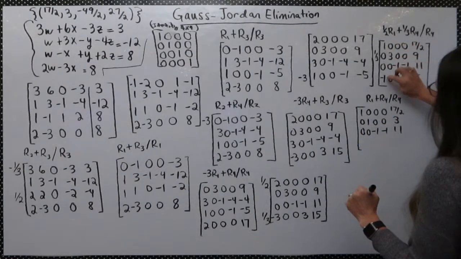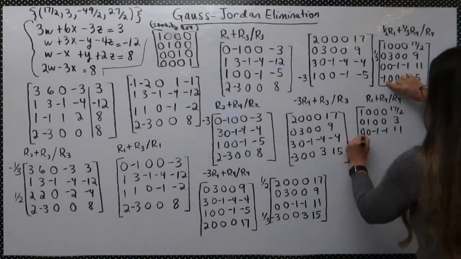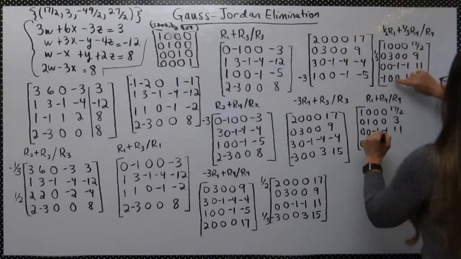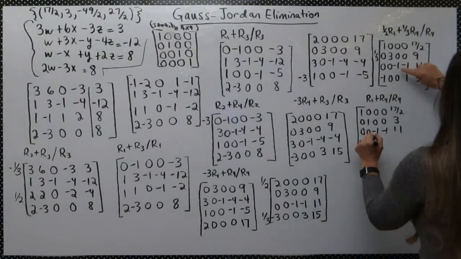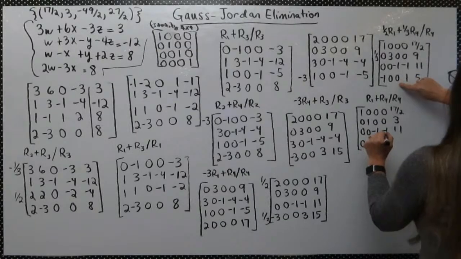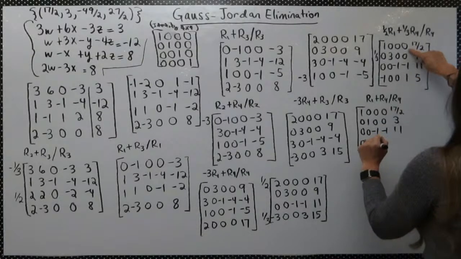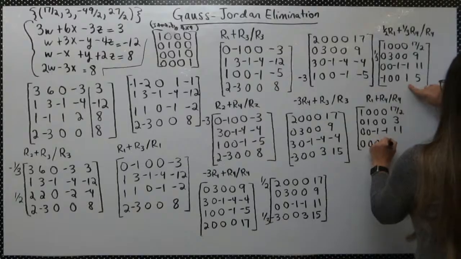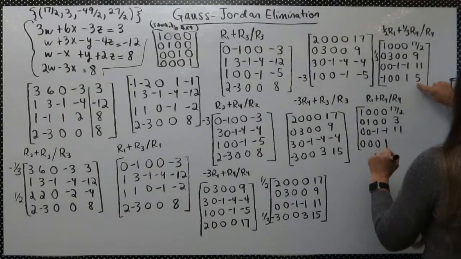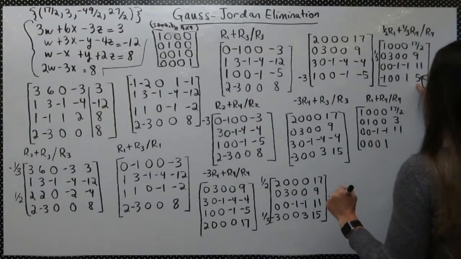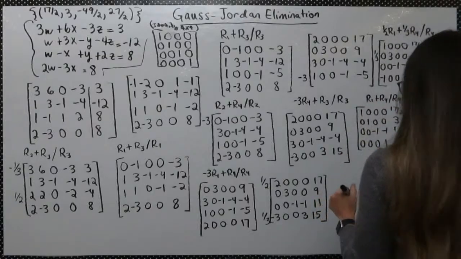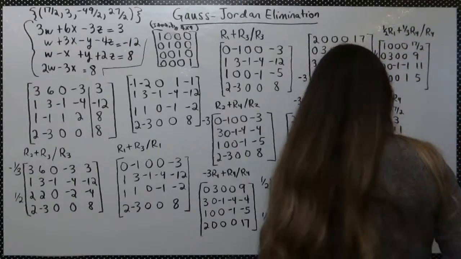And then adding rows 1 and 4, it's going to give me 0, 0, 0, 1, and 17 halves plus 5. 17 halves. Where can we put this? I want to go down here.